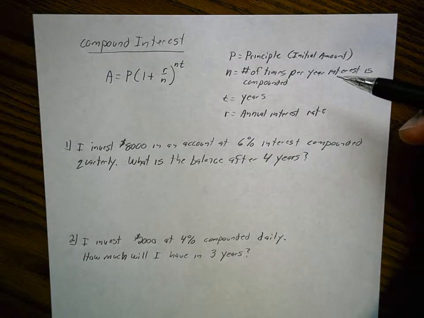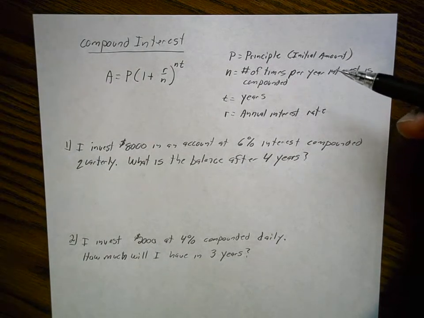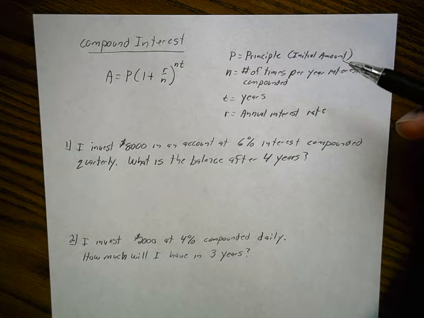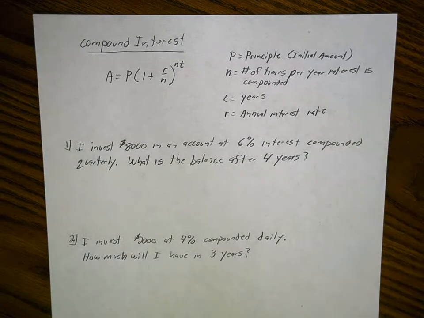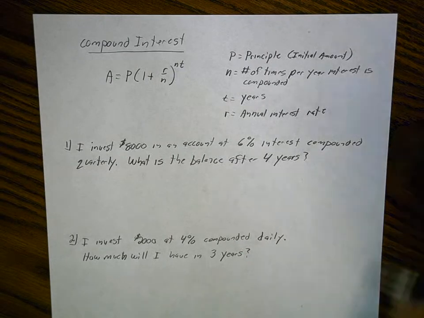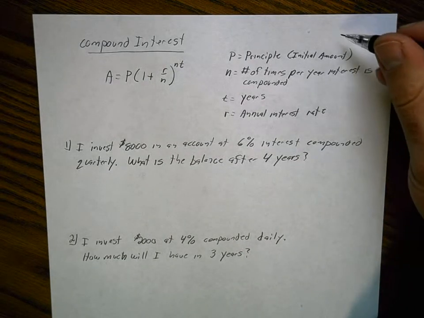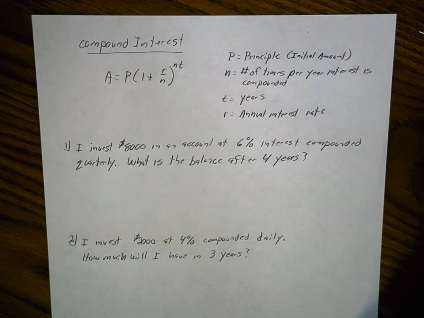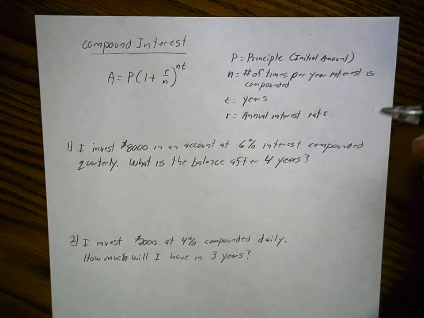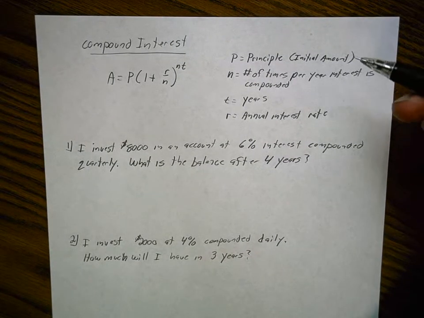So let's say I have a 12% annual interest rate compounding monthly, then my interest compounds every month. It compounds 1%, because 12% divided by 12 months would be 1%. There are advantages. The more it compounds, the more interest you gain, and the more money you'll have in your account.